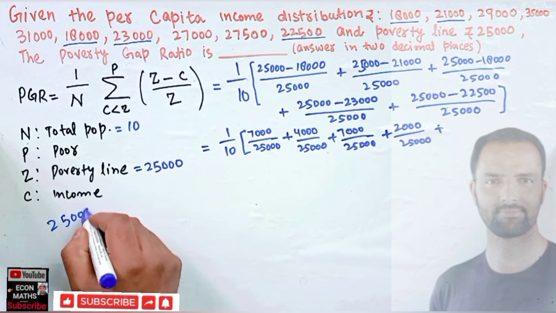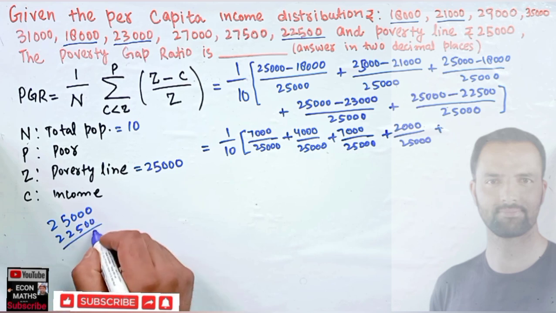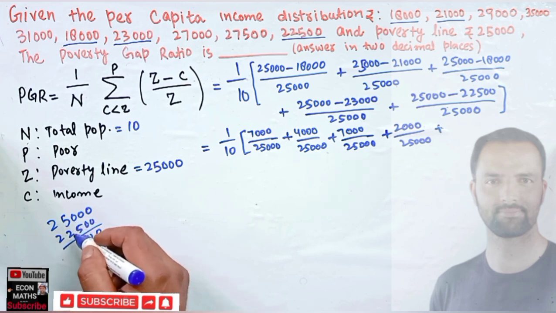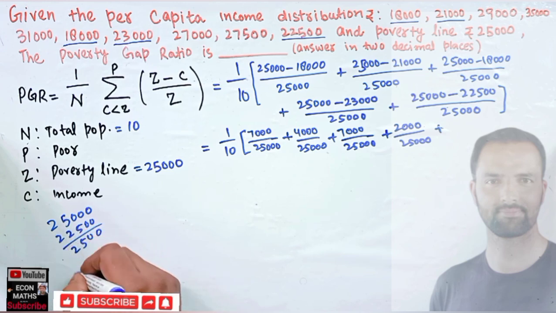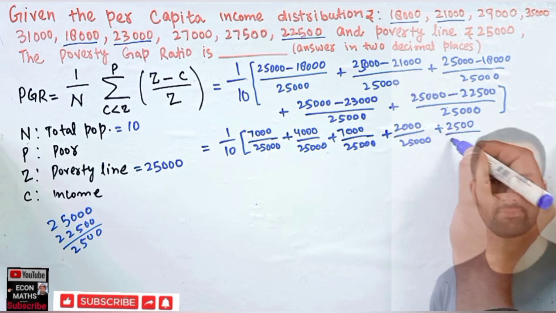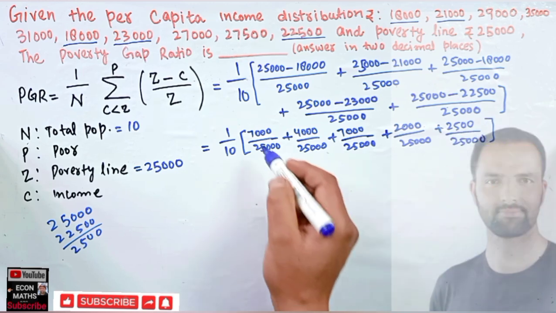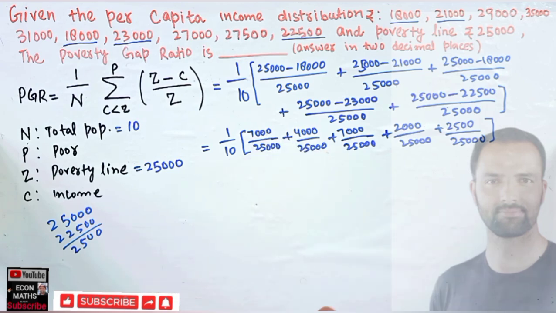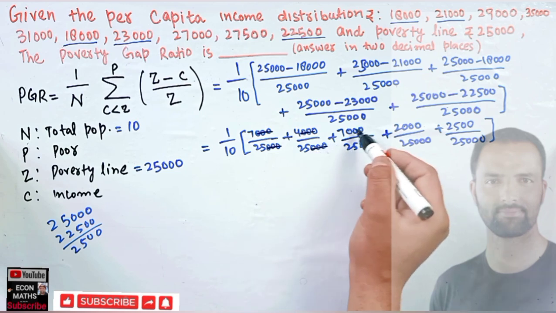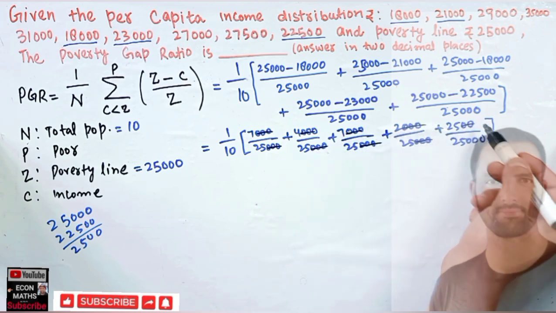25,000 minus 22,500. This is 2,500. So we have 2,500 upon 25,000. We can see here these three zeros will get cancelled with these three zeros.